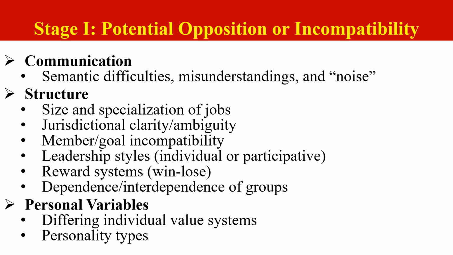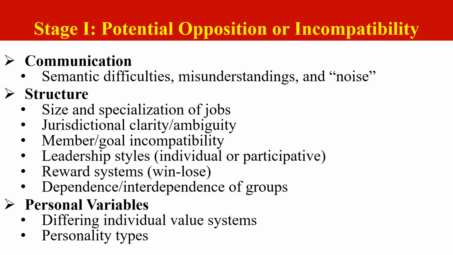Structure is related to the weaknesses within the structure, which includes size and specialization of jobs, jurisdictional clarity and ambiguity, member goal incompatibility, that is the difference between the member goals and the organization goals. Leadership styles, are these styles individual or participative?